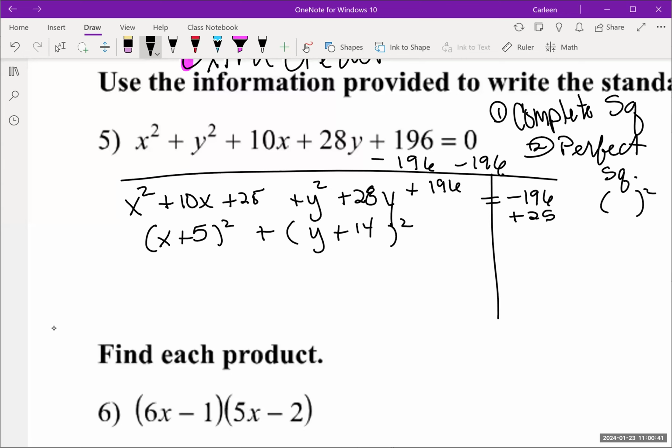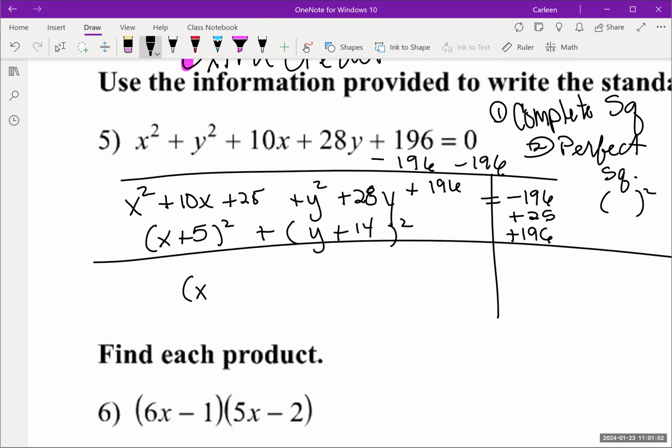And if 196 appears on the left, you might want to keep that around. If it appears on the left, we also have to add it to the right.